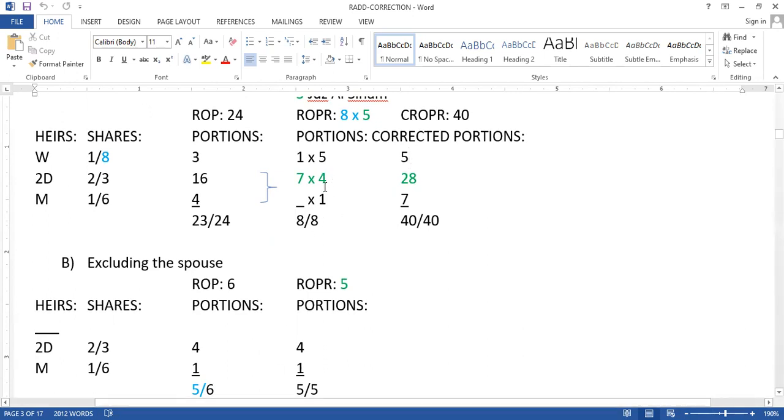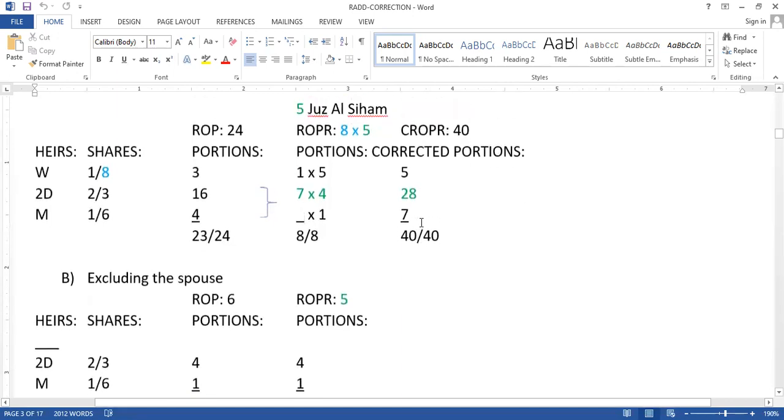Again, saan nanggaling yung 4 and 1? Dito po siya nanggaling sa solution B. So, i-multiply natin 7 times 4 is equals to 28. And then 7 times 1. Ma'am, saan galing yung 7 times 1? Ito, oh. Okay, isang number ko na lang siya nilagay. Kasi pag maglagay tayo dito ng 7, magiging 15 na siya, di ba? So, 7 times 1 is equals to 7. So, pag i-add mo yan, 5 plus 28 plus 7 is equals to 40 all over 40.